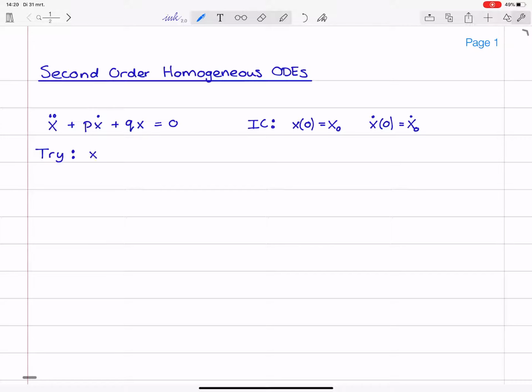So this is the so-called trial function, e to the power st, and this is based on our experience with first order ODEs, where we derived that the solution is an e power. So let's try this and see if we can find an expression for s for which this will work.